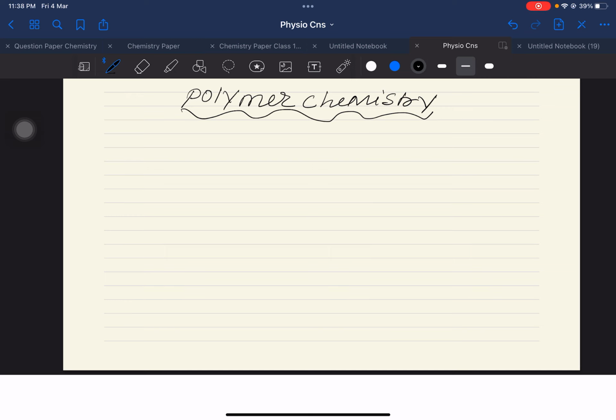From this chapter, now we are discussing addition polymerization.